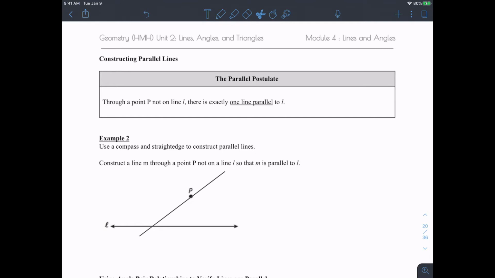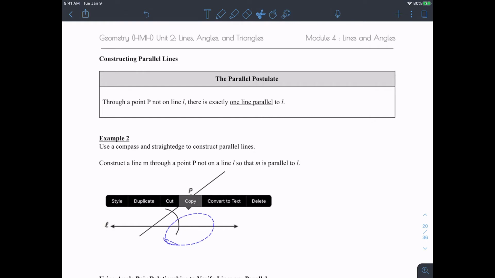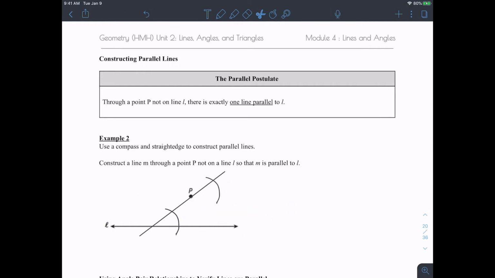What I want you to do is open up a compass and draw an arc, just like that. And at the same time, make a copy of that and draw an arc here as well. So before, that was the center. That's where you put the center of the circle, and you draw an arc this way.